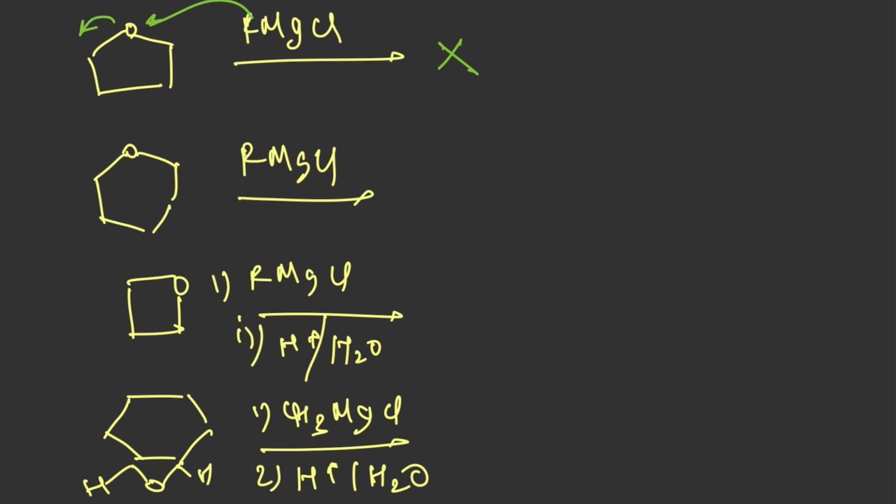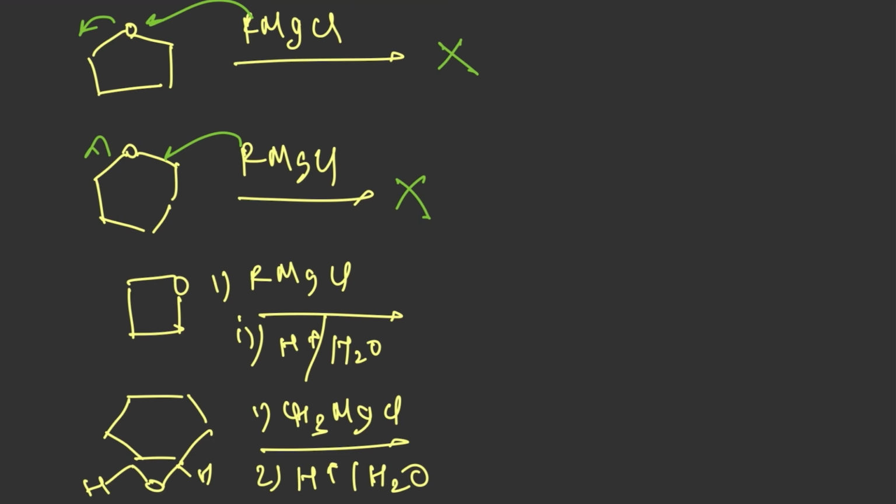Similarly, in the second case also the ring will not open, but in the third case the ring will open. Up to 2-membered, 3-membered or 4-membered rings open because of a lot of strain, but 5-membered and 6-membered rings don't have that much strain, so the ring will not open.